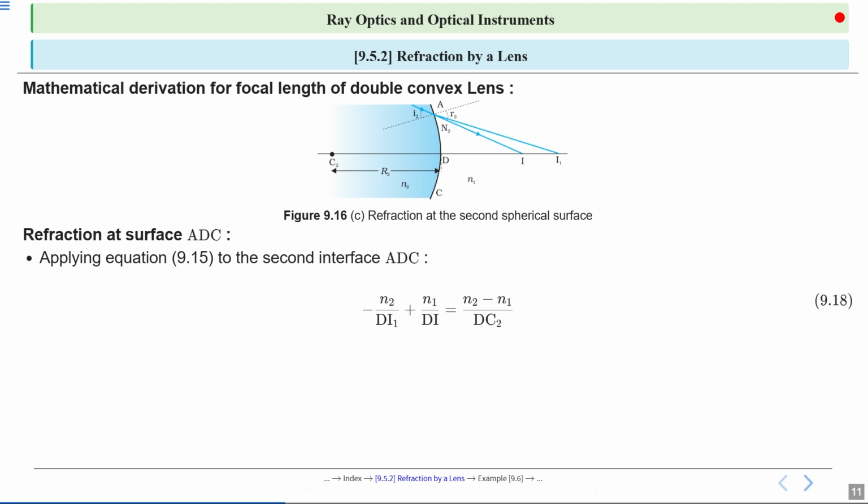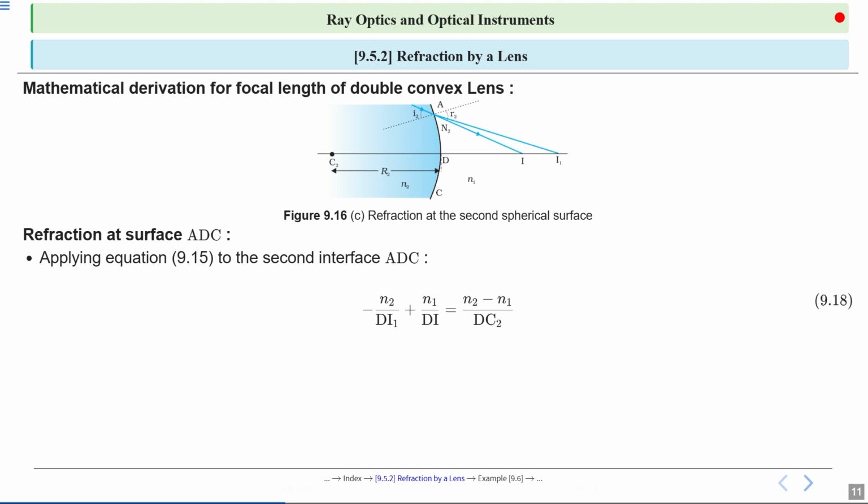According to sign conventions, we take the object distance to be negative for real objects. Here the object distance will be taken as positive. That's why we are applying a negative sign here, because if we put di1 as minus u, minus and minus will cancel out, and the object distance will be taken as positive because the object is virtual here.